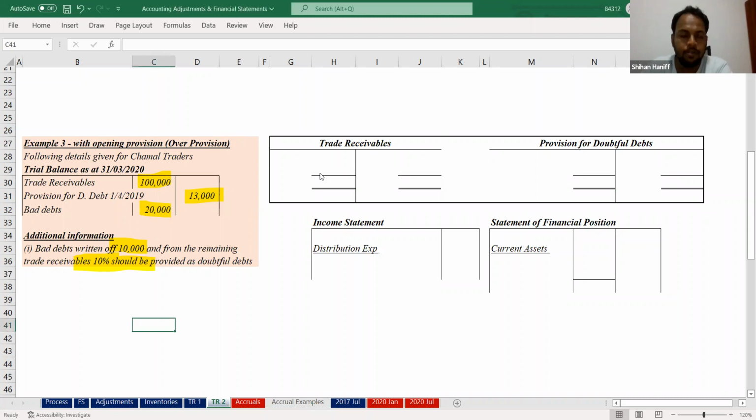Okay, so let's start. Trade receivables opening balance 100,000. Provision for doubtful debt opening balance 30,000. Bad debts opening balance 20,000.